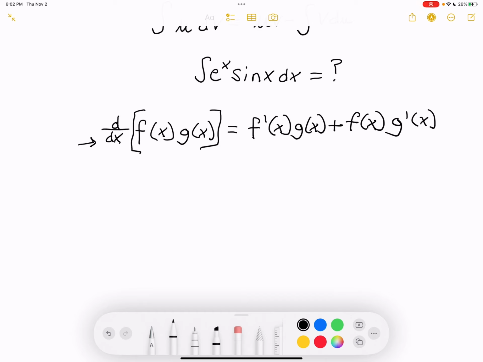And so, because of that, I can rewrite this entire line like so.